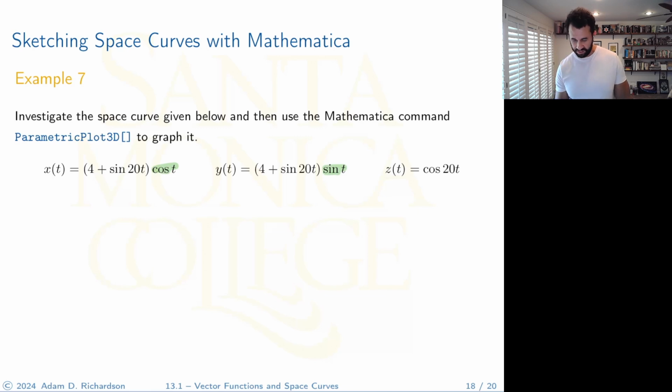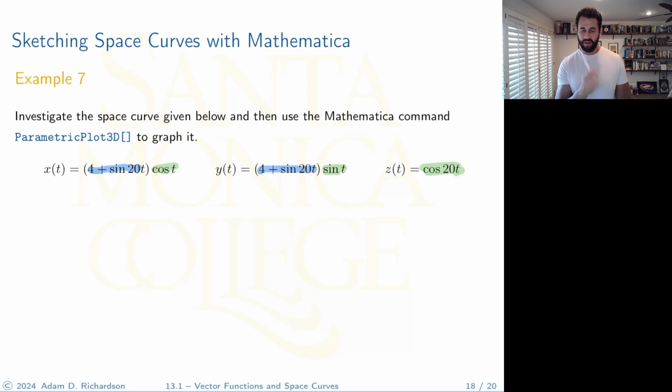There's also some kind of periodicity going on in the z direction. So the curve is doing this if I look at it in the z direction. Now, where things get really interesting is these other factors here, this and this. So think about this for a minute. We've already got the notion of circular behavior in the XY plane.